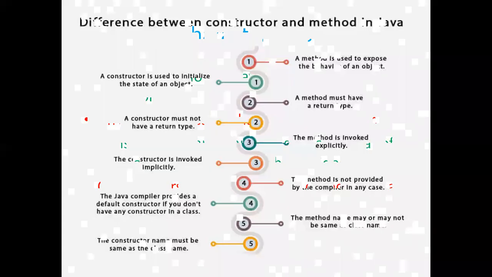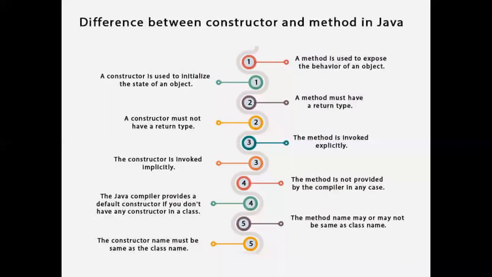And next one. These are some of the differences between a constructor and a method, right? A constructor must not have a return type. Constructors do not have a return type, but a method will have a return type, or if the method returns nothing, at least we have to mention void while declaring a method.